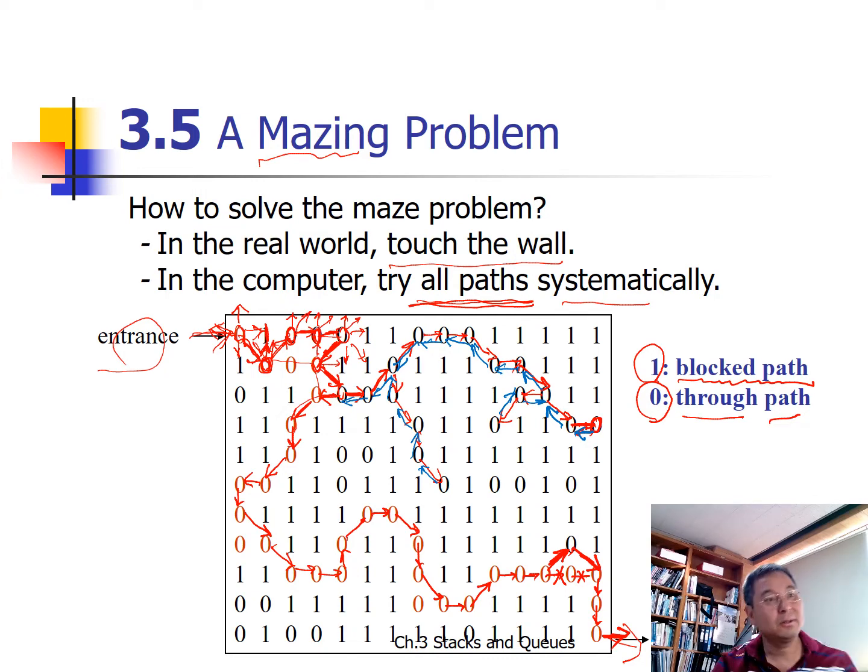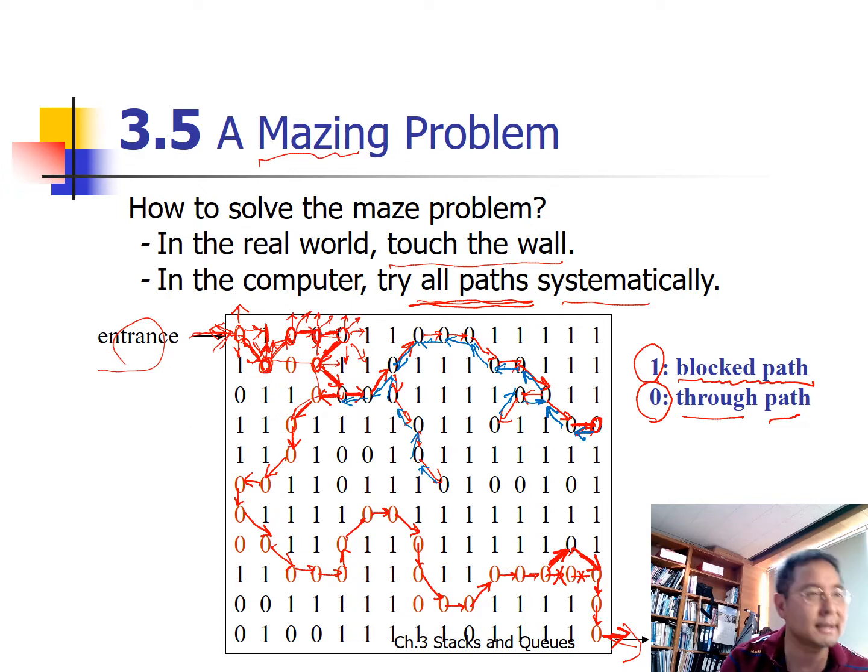Okay, so you can see a very complex path. There is some backtracking in blue color and forward direction in red colors. Also we apply a very systematic search of possible paths.